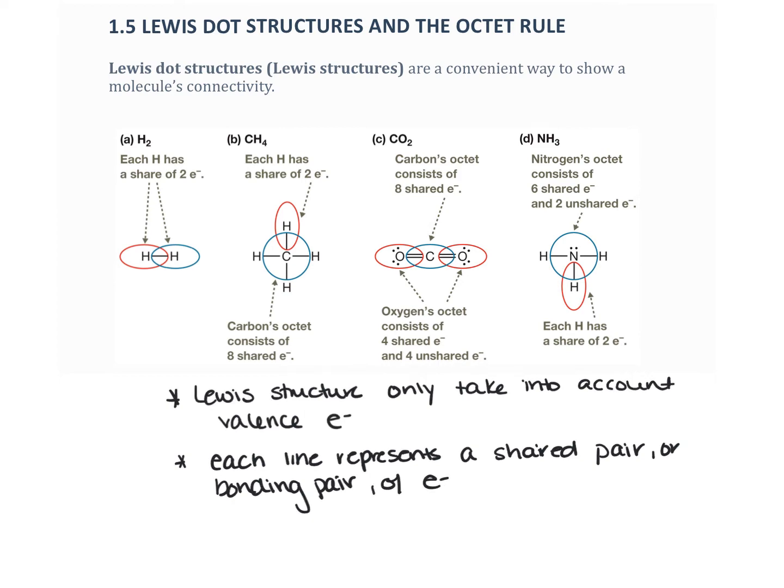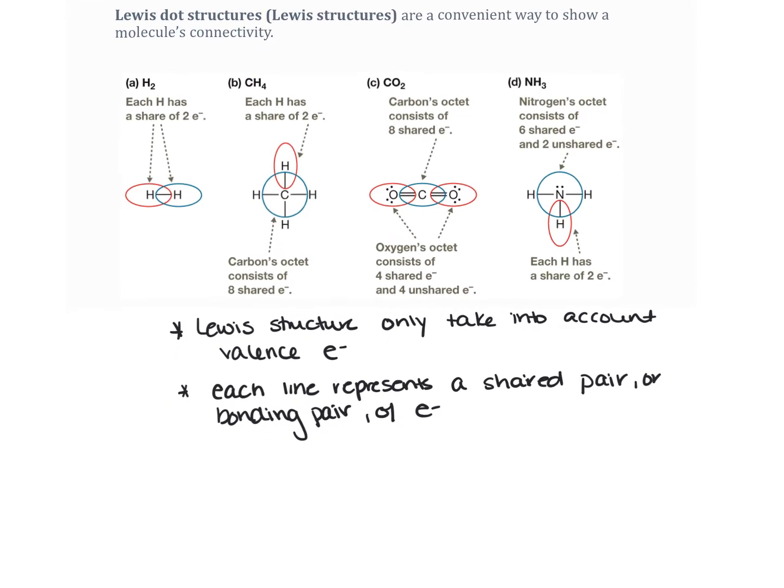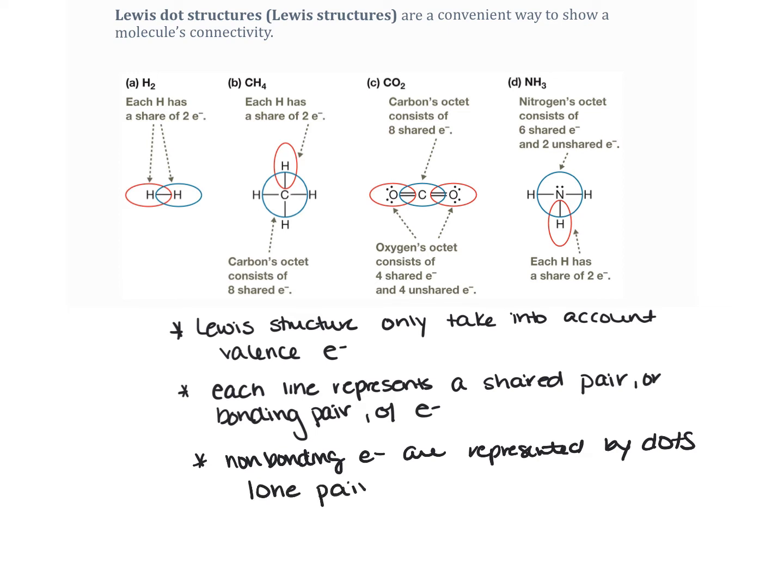Now, non-bonding electrons are represented by dots. These are generally called lone pairs of electrons. Non-bonding electrons that are unpaired are represented by single dots.